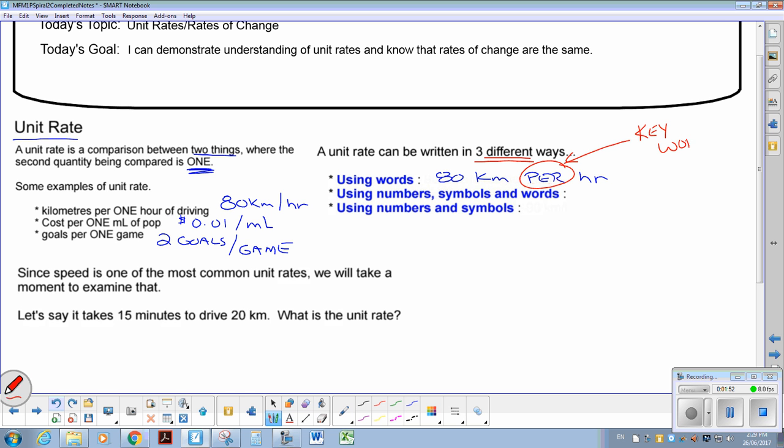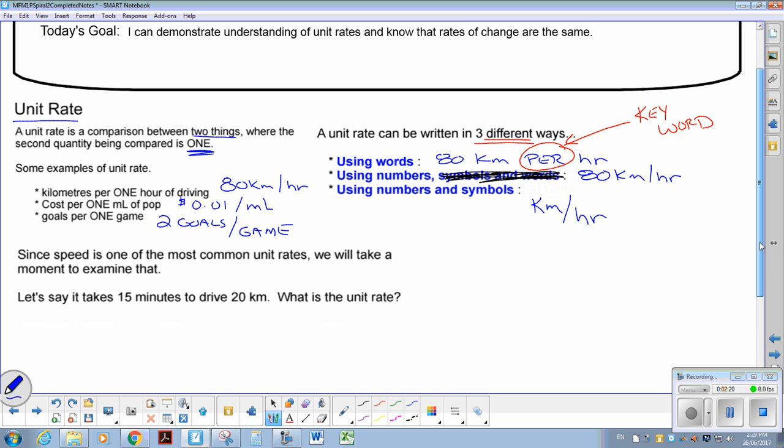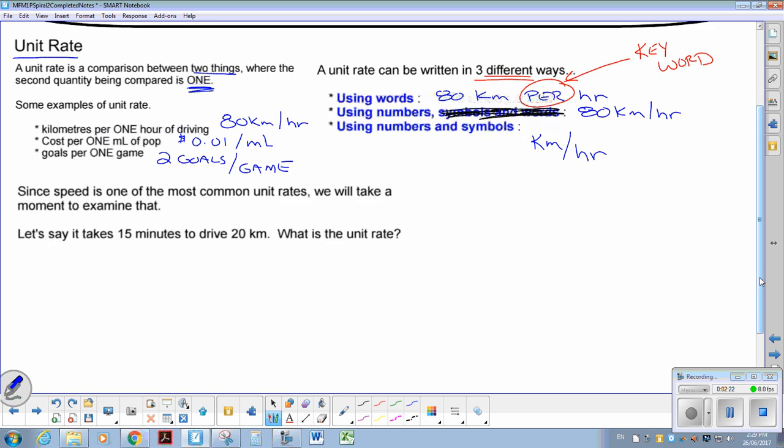Then using numbers, as I demonstrated on the other side: 80 kilometers per hour. And the last one, numbers and symbols, so I'll just use kilometers per hour. They're all examples of ways you can use it. Again, anytime you see the word per.